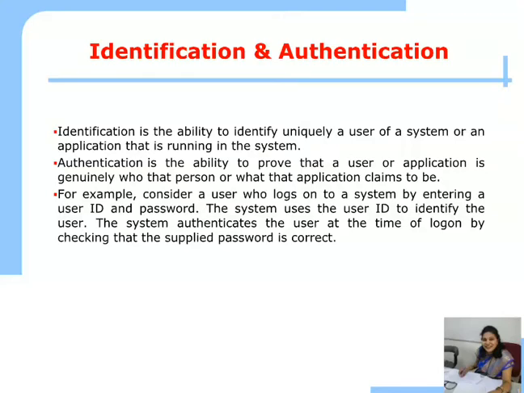Normally, for identification in a computer, everyone uses a user ID and a password. For example, consider a user who logs onto the system by entering user ID and password. The system uses the user ID to identify the user and the system authenticates the user at the time of logon by checking that the supplied password is correct or not.